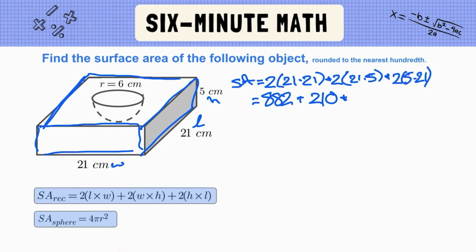And then 2 times 5 times 21 is also 210, making my surface area of the rectangular prism 1,302. Let's now find the surface area of this half sphere that goes into my rectangular prism.